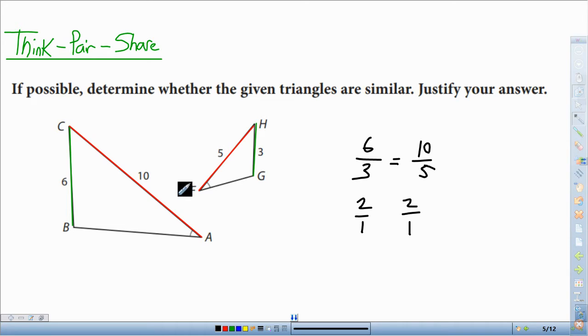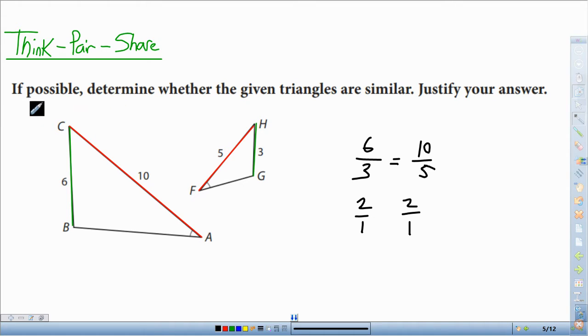No. And the reason why is because these congruent angles are not between the two side lengths. Remember, that is a necessary thing. We would need to have this angle congruent to this angle for us to be able to say, yes, these are using side angle side. So it's really close, but it's not quite right, and it's not enough information for us to say that these are similar.